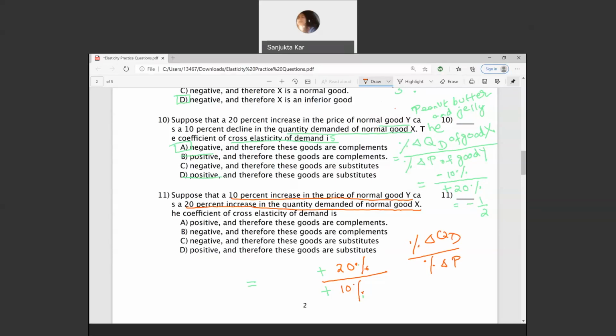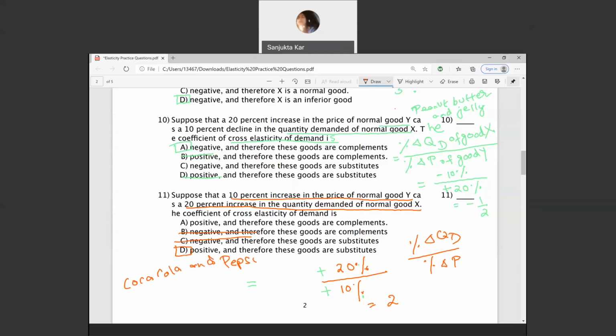So this is a positive value here. So I'm going to strike this two out. I'm going to get a positive value for cross price elasticity when the goods are substitutes, like Coca-Cola and Pepsi.